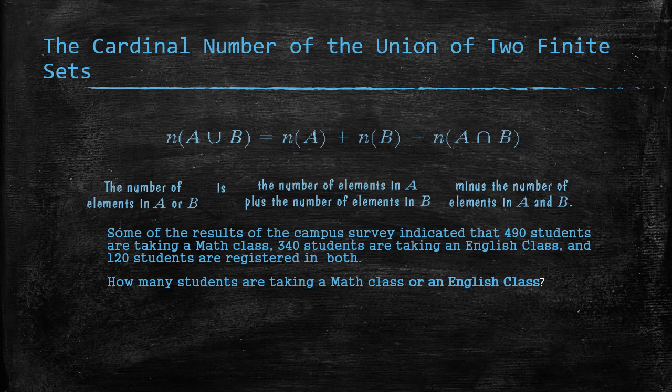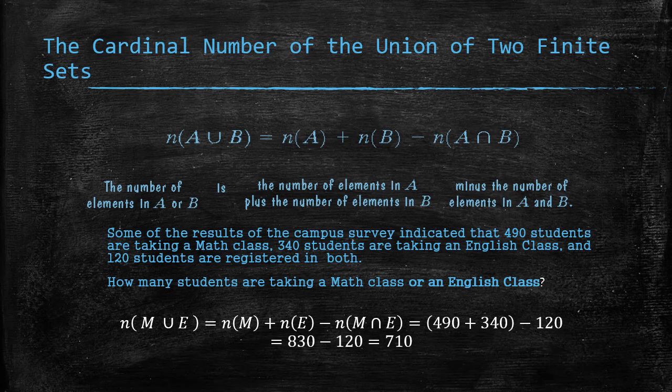How many students are taken in math or an English class? So we're going to use that formula. Keep in mind E is for English, M is for math, and don't forget that we have 120 occur in both. Therefore, the number of students taking math or English is 710.